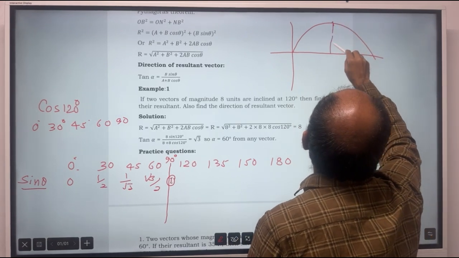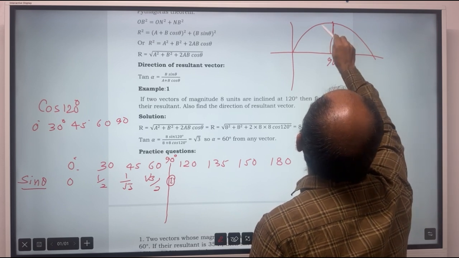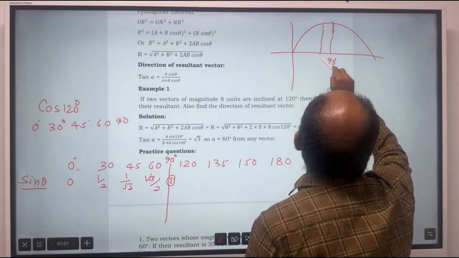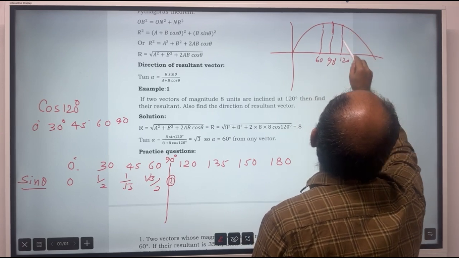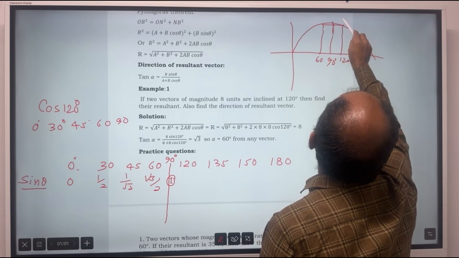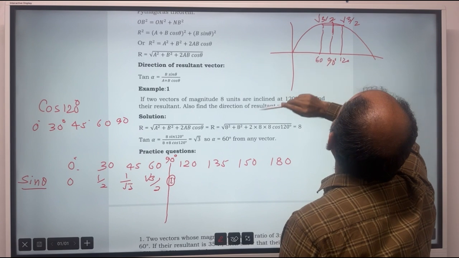Here the highest value is 1. This is 90 degrees. Now at this point, if you write 60 degrees, then at this point it will be 120 degrees, equal gap. So these two values will be the same. This is root 3 by 2, so this will also be root 3 by 2.